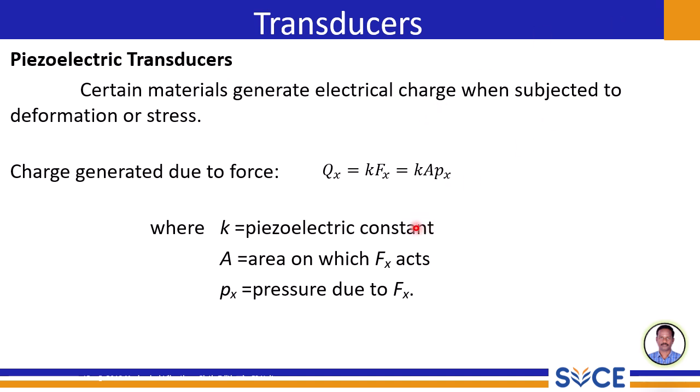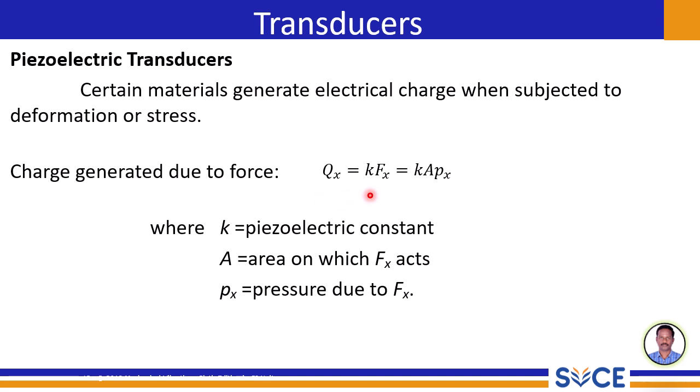And this is the formula which gives how the charge is generated due to the force, where Qx represents the electrical charge generated by the piezoelectric material in a particular direction. Here it is the x direction, that's why it is Q suffix x.